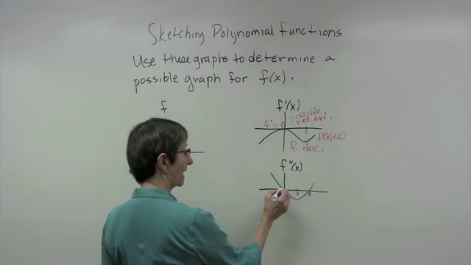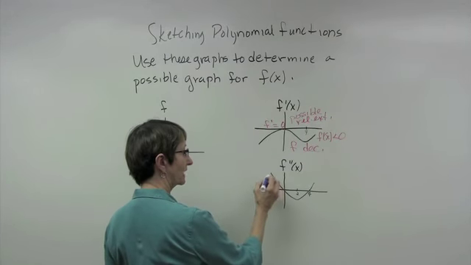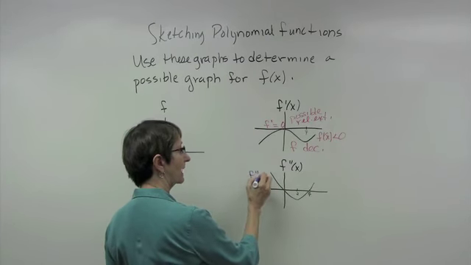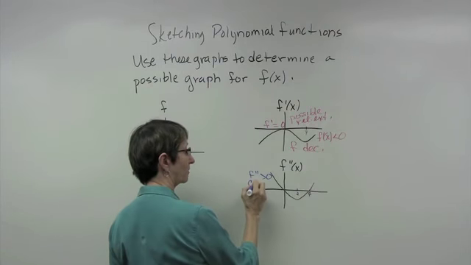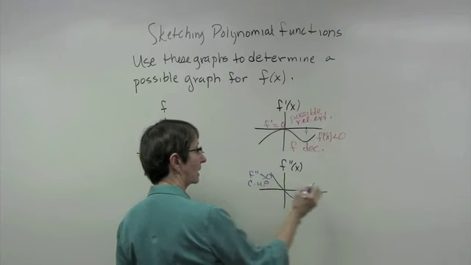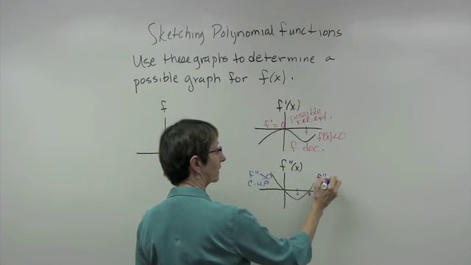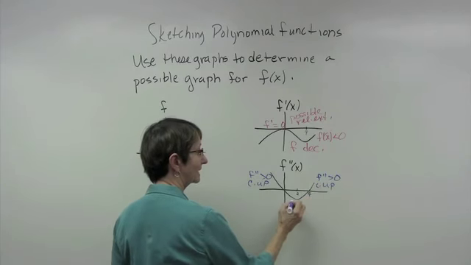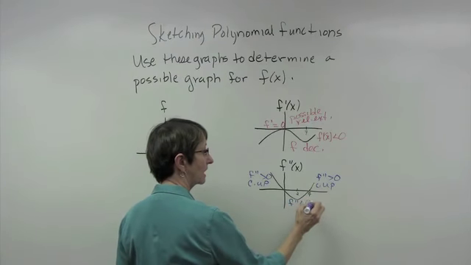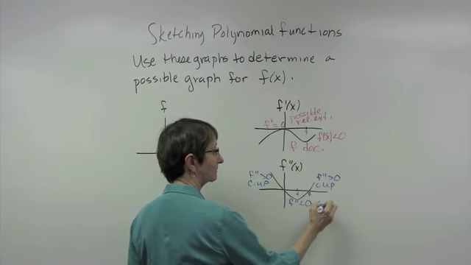My f double prime here is positive. When f double prime is greater than 0, the function is concave up. When it's negative, the function is concave down.